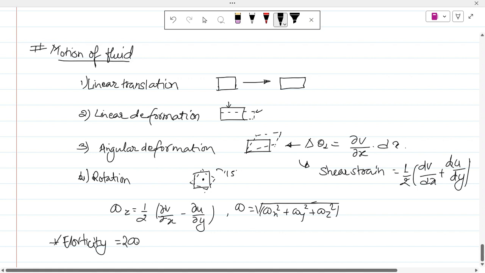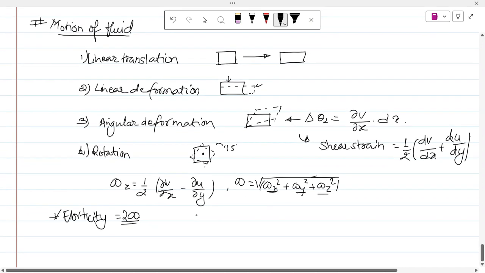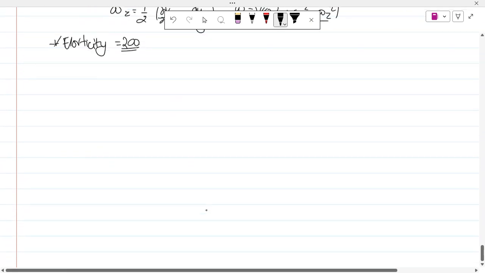Vorticity is 2 times omega. Just remember this. And omega is this, and of course omega x, omega y, omega z are evaluated for the rotation about each axis: the x-axis, y-axis, and z-axis. This is about the motion of the fluid particle.